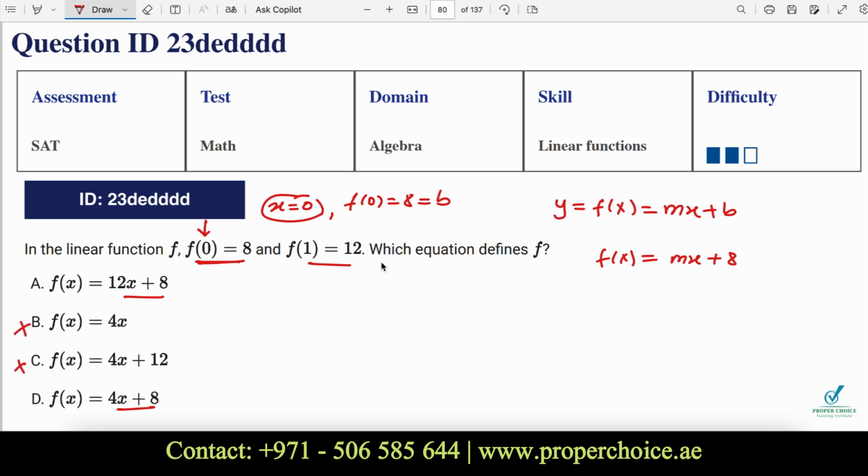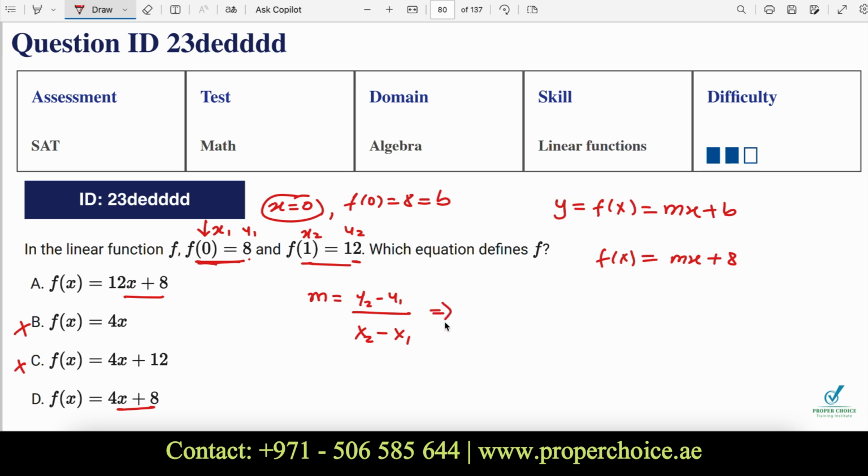Then we need to find the slope as well. How do we find the slope? Slope is basically the change in y by x. So I can use the coordinates. Here they are saying x is 0, y is 8, and x is 1, y is 12. So what will be the slope then? m equals, if I consider this as x1, y1, and this becomes x2, y2, I am writing it directly: m equals y2 minus y1 divided by x2 minus x1.